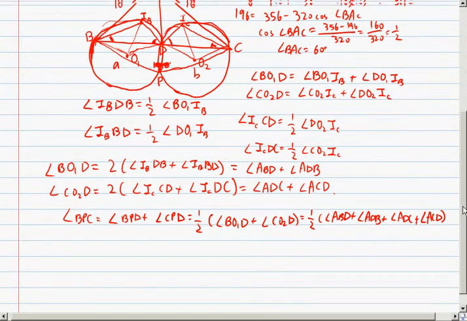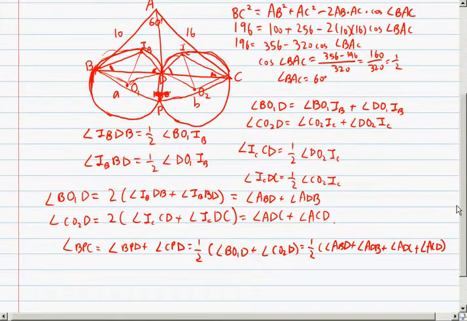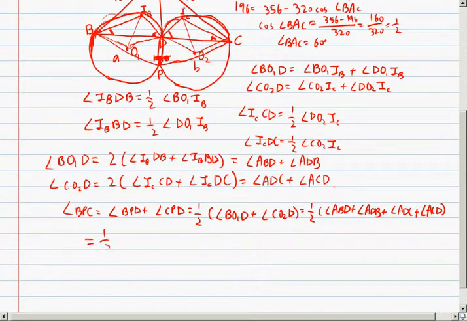And because ABD and ADB are basically two of the three angles of triangle ABD, and ADC and ACD are two angles of triangle ADC, we can make the following substitution.